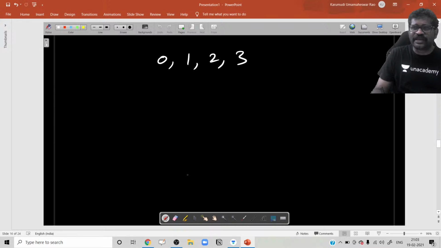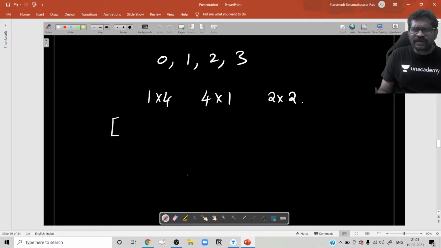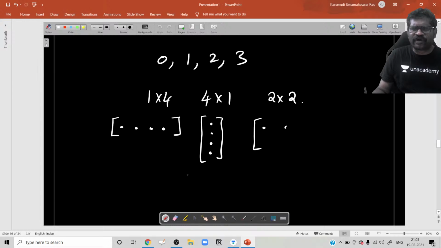That's why with 4 elements you can arrange either in 1 cross 4 form, or 4 cross 1 form, or 2 cross 2 form. So 3 different forms.